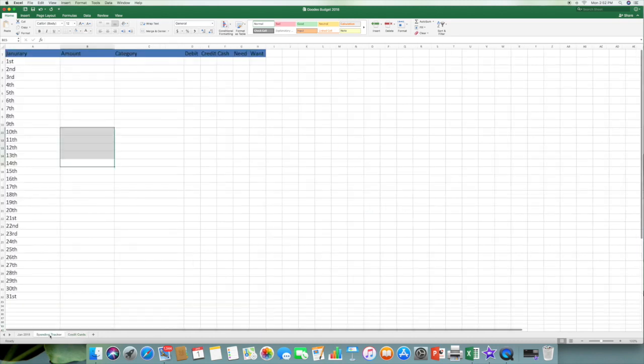And then I also have here a spending tracker, just like I'm doing in my Erin Condren planner. I'm tracking my spending. I will be sharing that with you all, but I just have the month, because this is the January spending tracker, the amount. So if I spend $22, the category, food. Did I use debit, credit, cash?